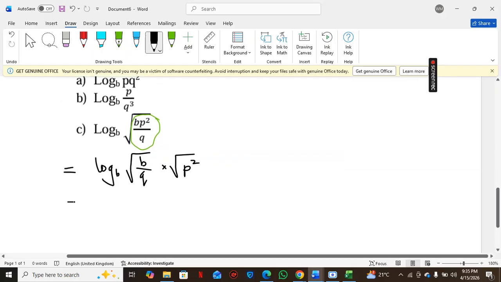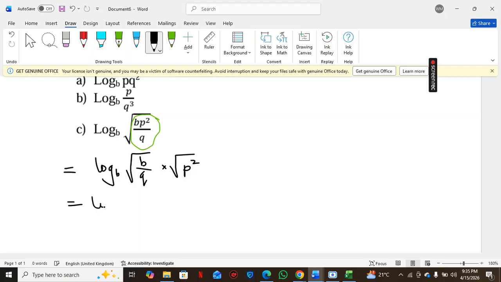Then we're going to say log base b of the square root of b over q multiplied by the square root of p squared, which is p. The square root of p squared is p.